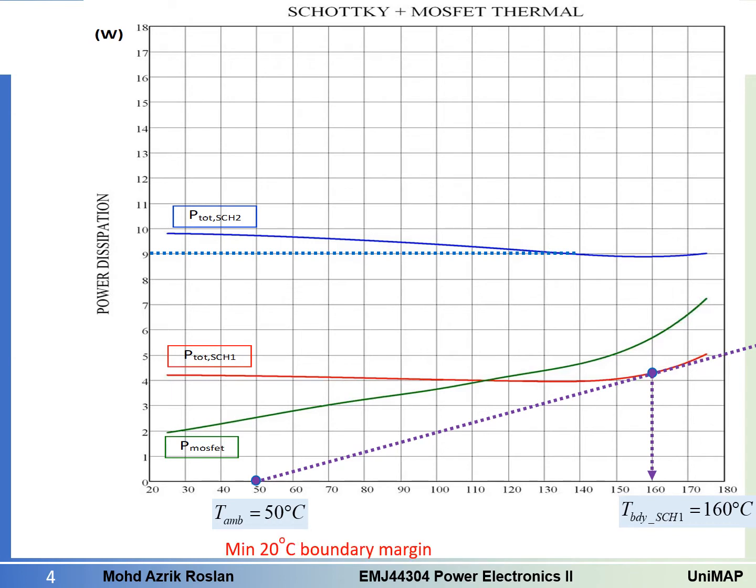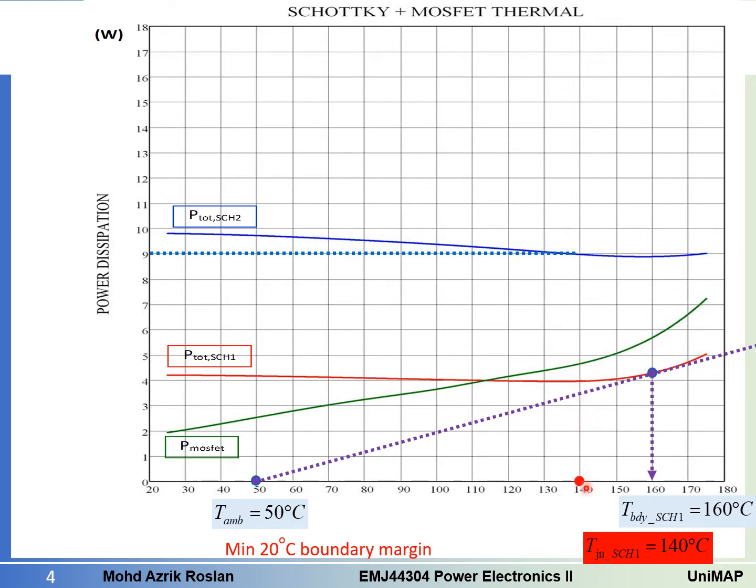In the question it mentioned that we have to select a minimum 20 degrees C boundary margin. So 160 minus 20 is 140. So the junction temperature of Schottky 1 we should select to be 140 degrees C maximum.